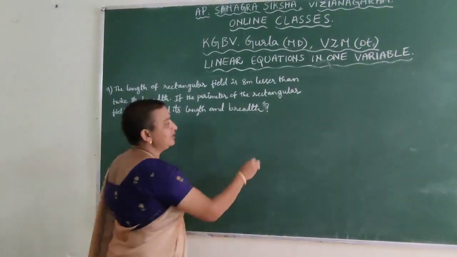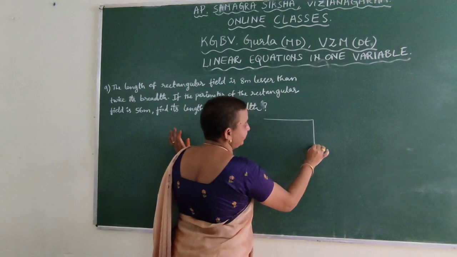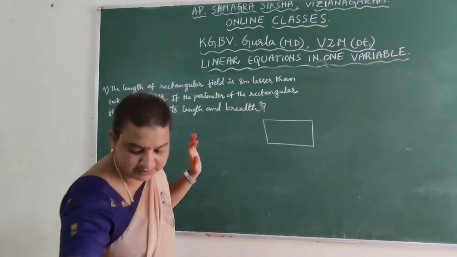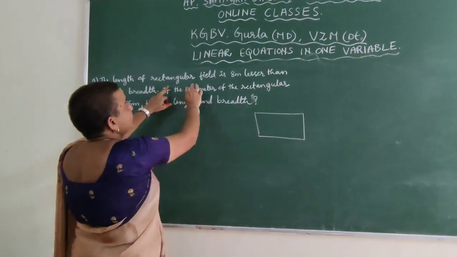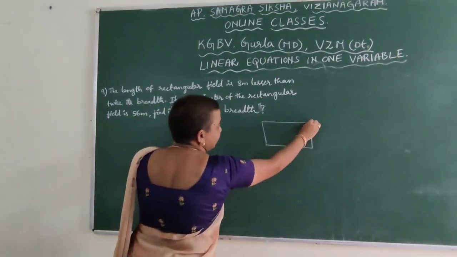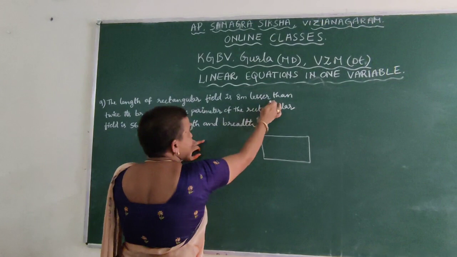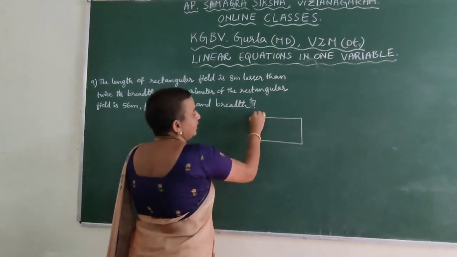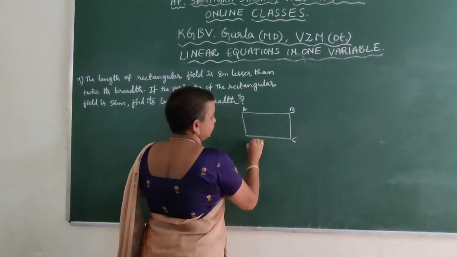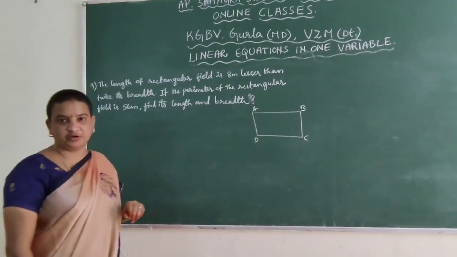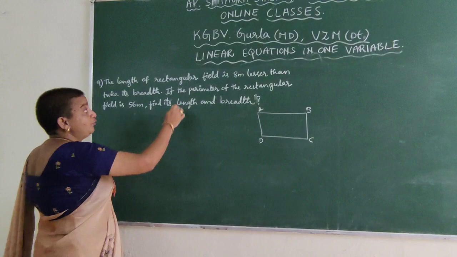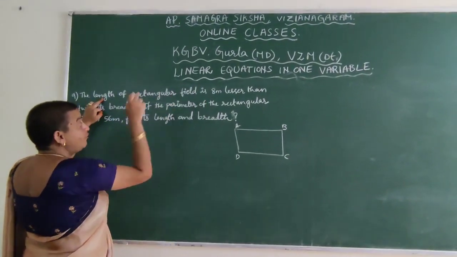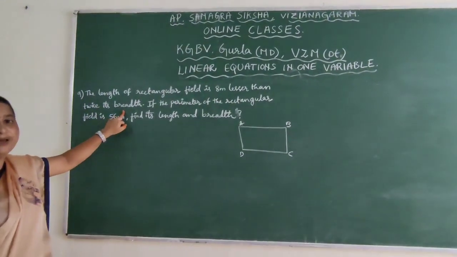Here is a rectangular field, A, B, C, D. If we want to know the length of the rectangular field, first we have to know the breadth.